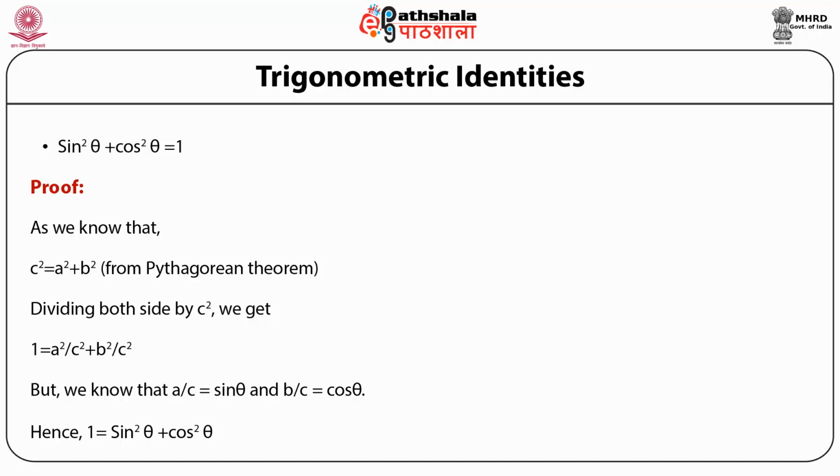It need not be less than 90, it can be more than 90, it can be anything. But for the same angle theta, the sum of the squares of the sine and the cos of the angle will always be 1.